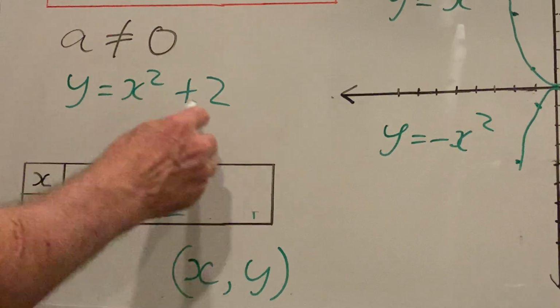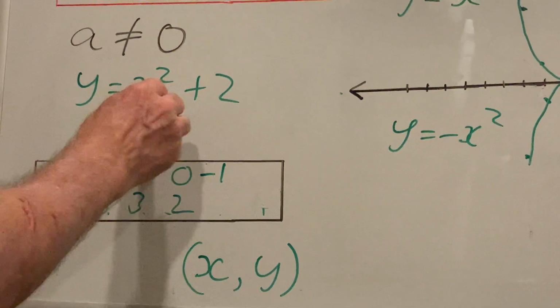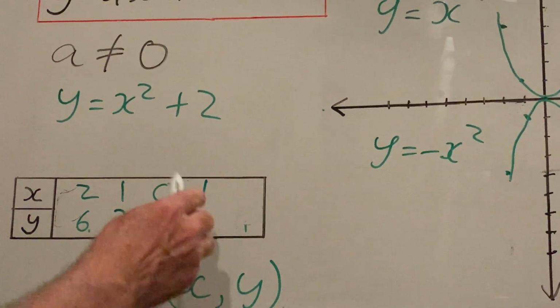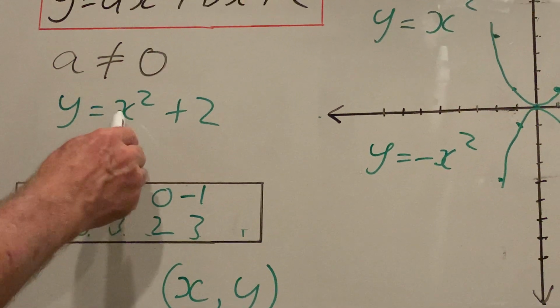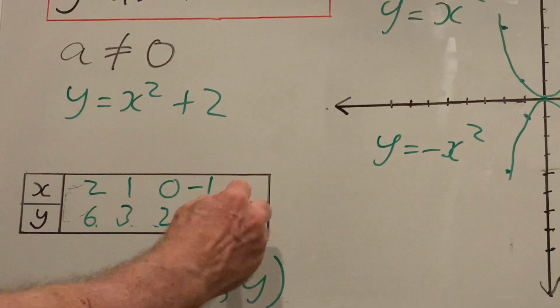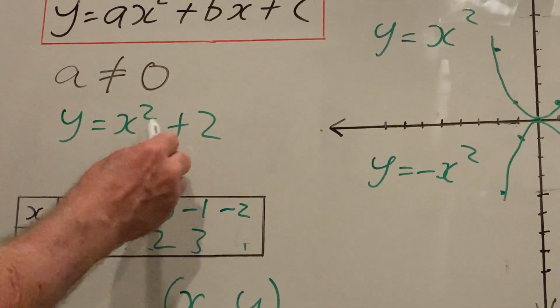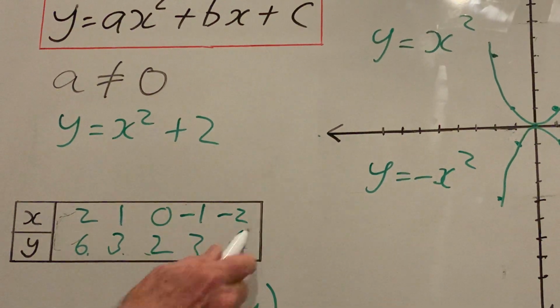If x equals negative 1, negative 1 squared is 1, 1 plus 2 is 3. And if it's negative 2 squared, negative 2 times negative 2 is positive 4. Positive 4 plus 2 is 6.